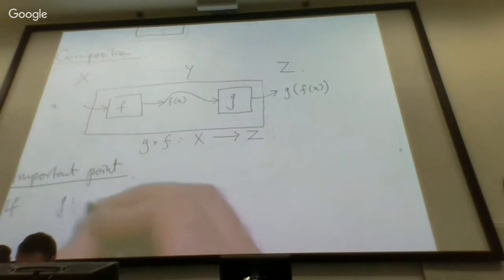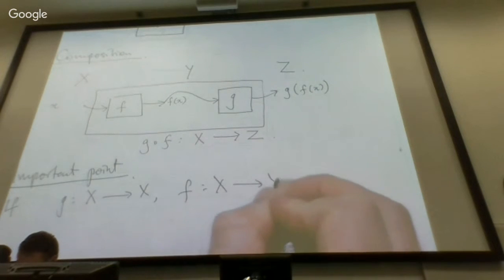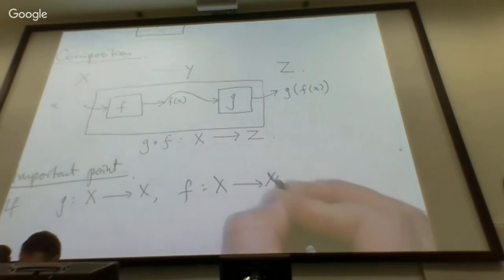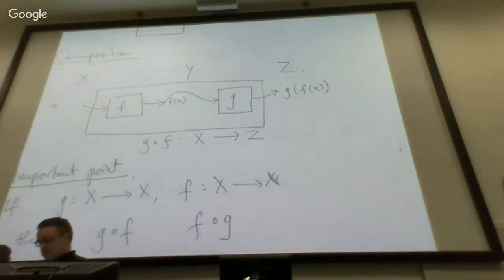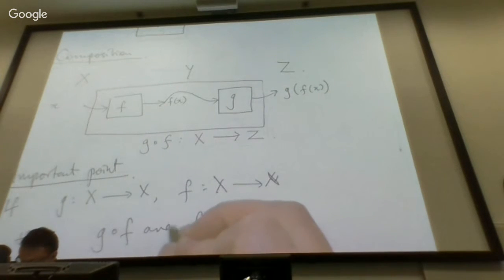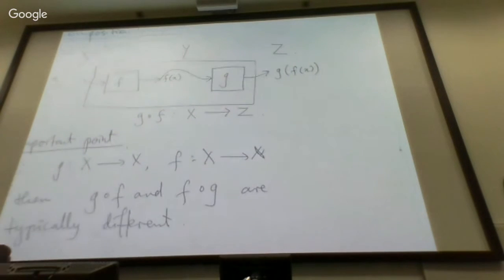So if you have a g going from X to X and an f going from X to X, g after f and f after g are typically different. They don't have to be the same. Indeed, it's unusual when they are the same.